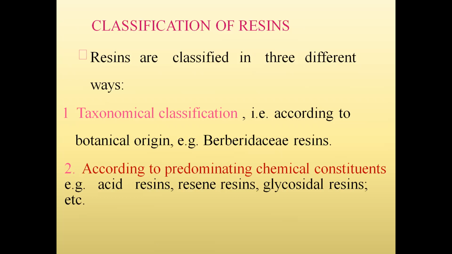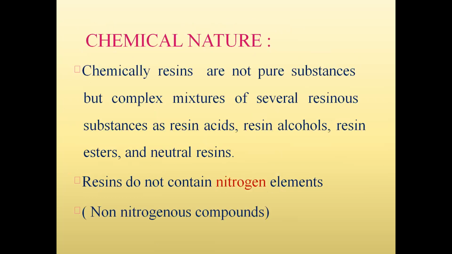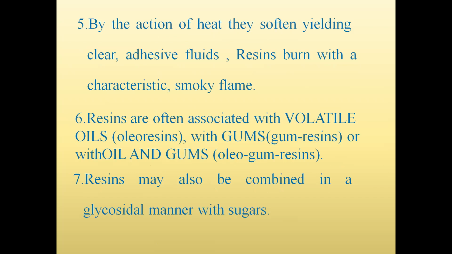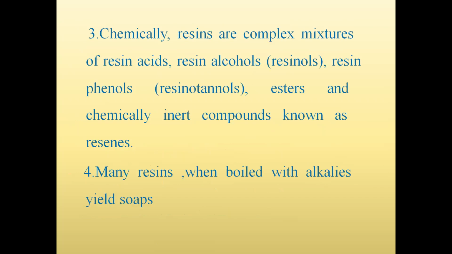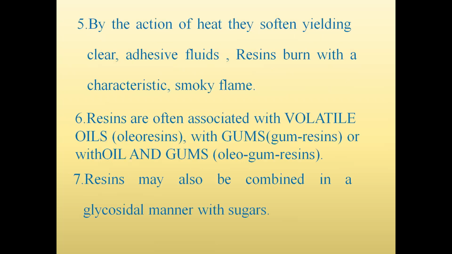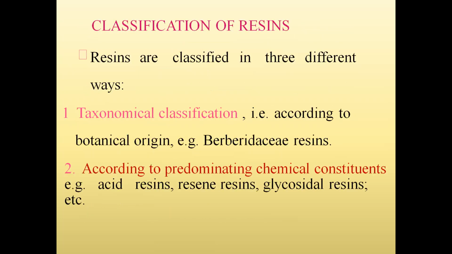According to the chief active constituent, or predominating chemical constituents, we can divide the resins into different classes like acid resins, ester resins, resin alcohols, resenes. When the resin is a complex mixture, with many compounds present, then it is known as resene. And according to the predominating constituent, glycosidal resins.